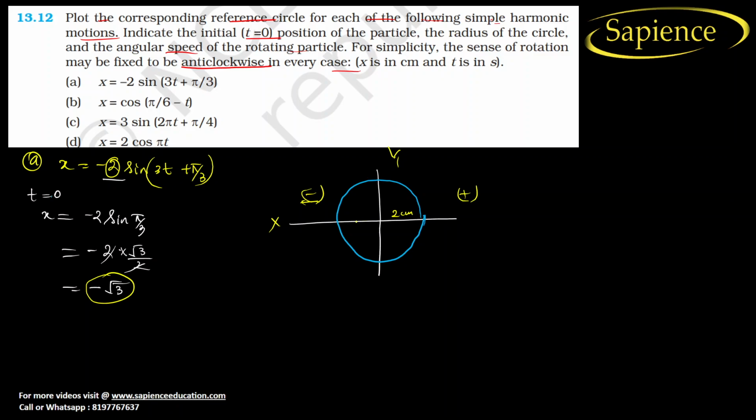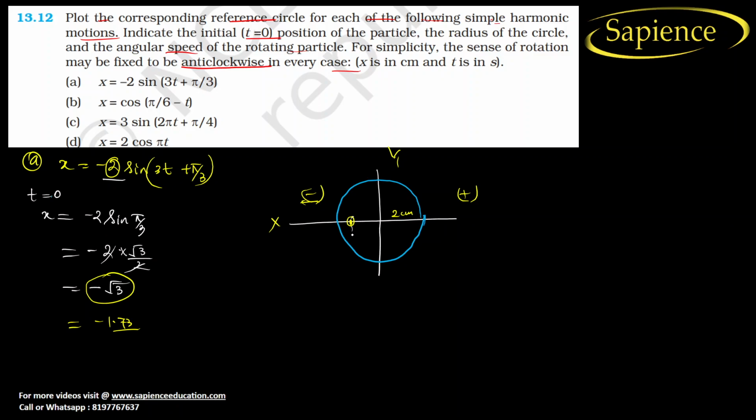Minus 1.73 is definitely less than 2 in magnitude, so there will be a point here, where the position has been projected onto the diameter.